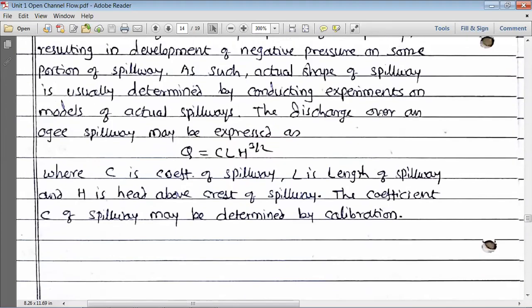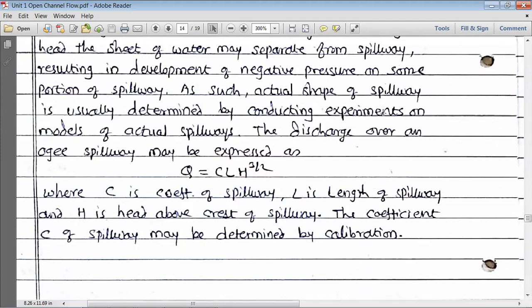Then write down the equation for the discharge.